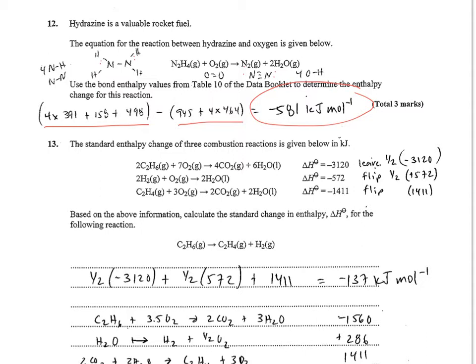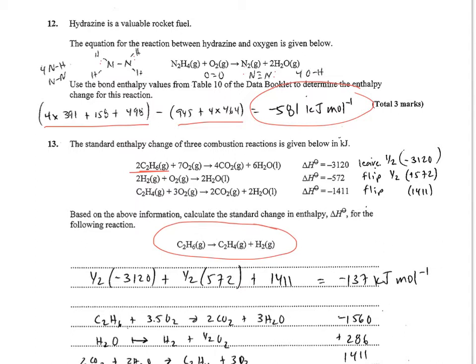And then number 13, the standard enthalpy change of 3 combustions is given below, and you're trying to get this reaction. So when I take a look at my first reaction here, C2H6 is a gas. So I can see that this is the correct direction, but it appears I'm going to have to cut it in half. So that's why I put leave in half. So the negative 3120 is still going to be negative, but it's going to be half that value.